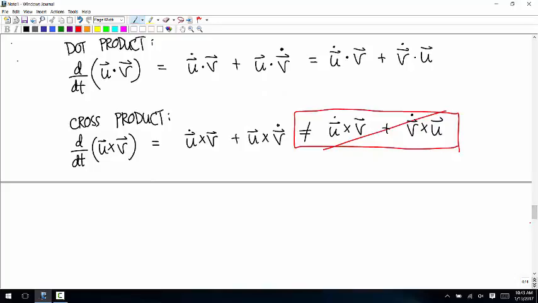Any questions about product rule? And then the last one is the chain rule.